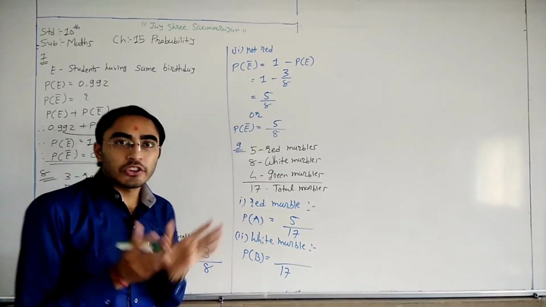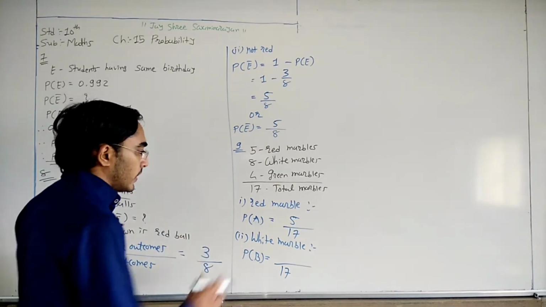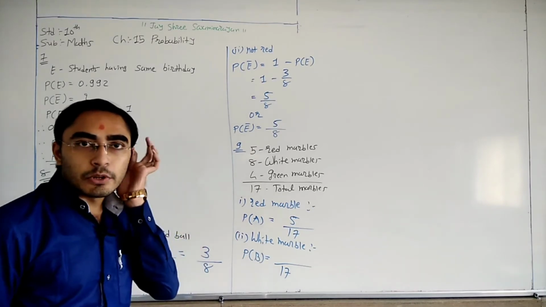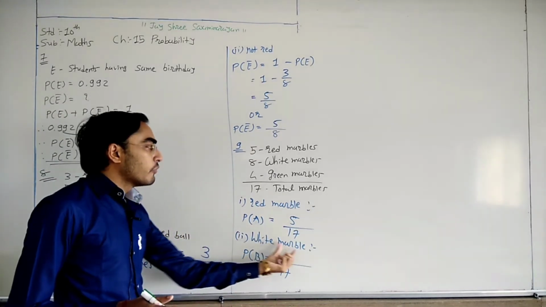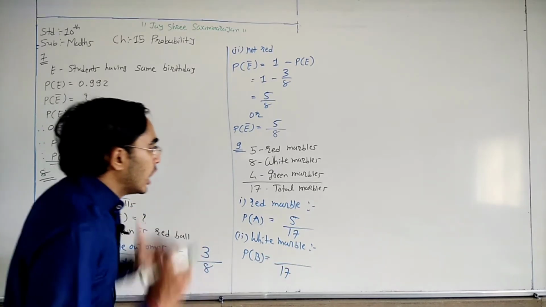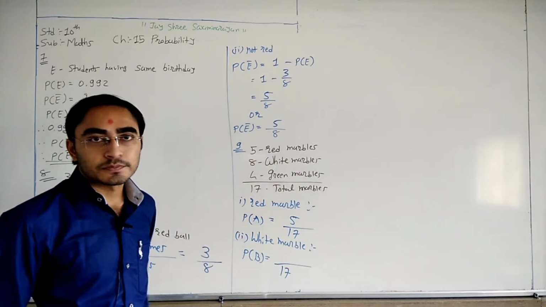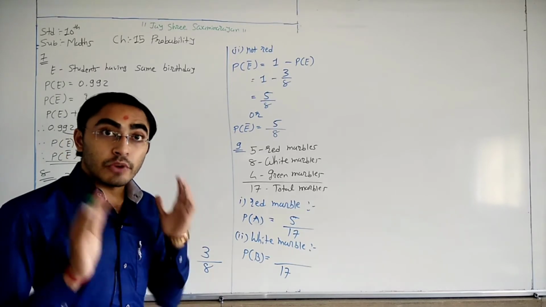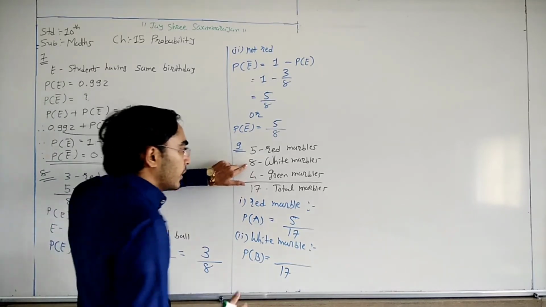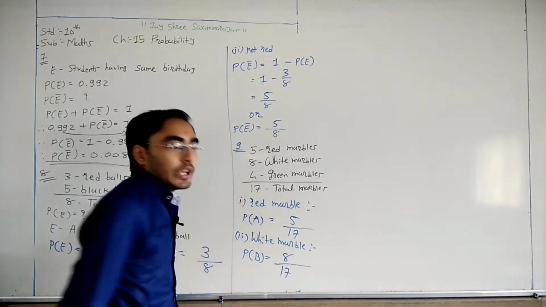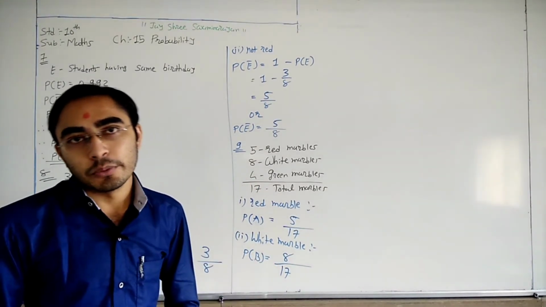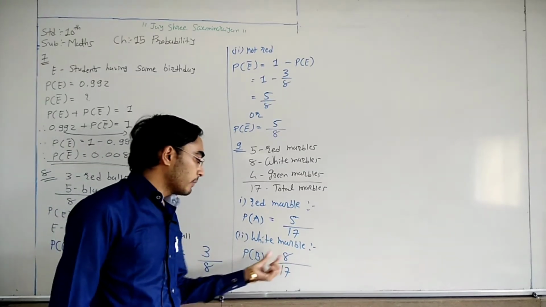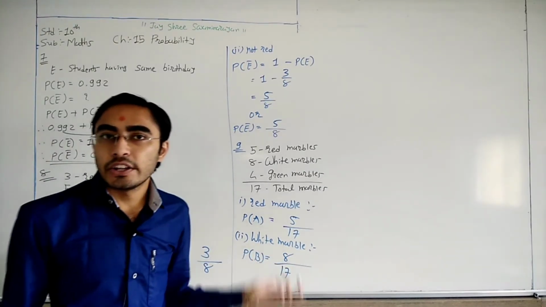It is same for all these questions. Now favorable outcomes, white marble. So total how many white marbles we have here? 8 white marbles we have here. So 8 by 17. So this 8 becomes our favorable outcomes. So probability for white marbles is equal to 8 by 17.